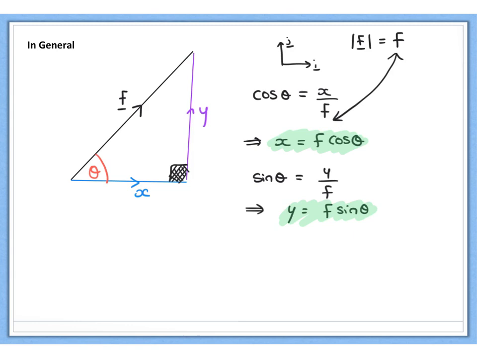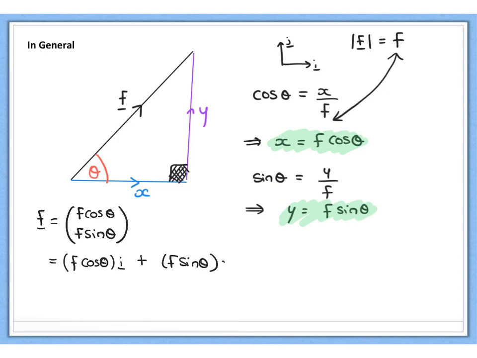So we avoid that middle step of writing out cos theta equals X over F, etc. Now, F can now be written in its column format. So its I component is F cos theta, its J component is F sine theta. So we can write it as F cos theta I plus F sine theta J.